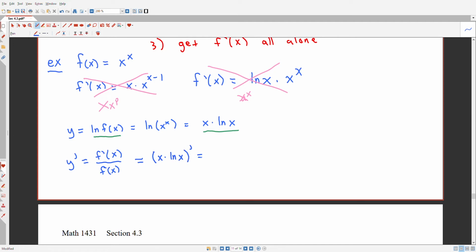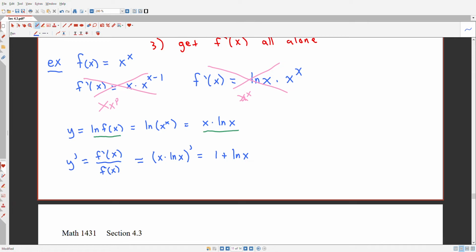That's just going to be a product rule. And so if you carry out the details here and simplify, you'll get 1 plus the natural log of x. So you've got to do the product rule there. This was actually an example we did last time.